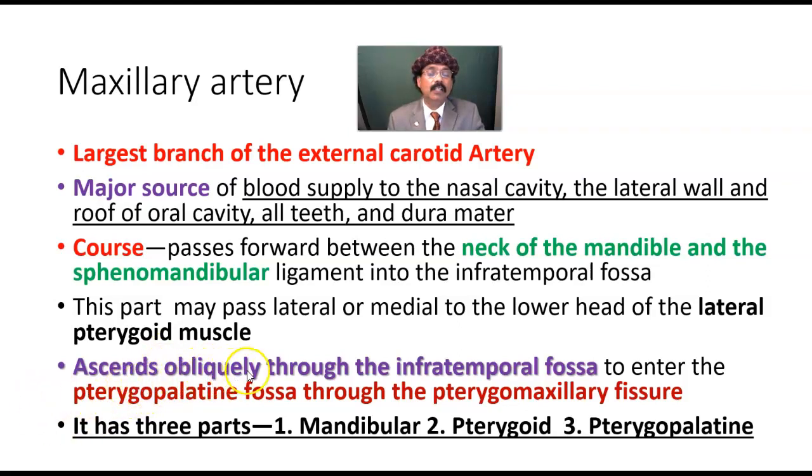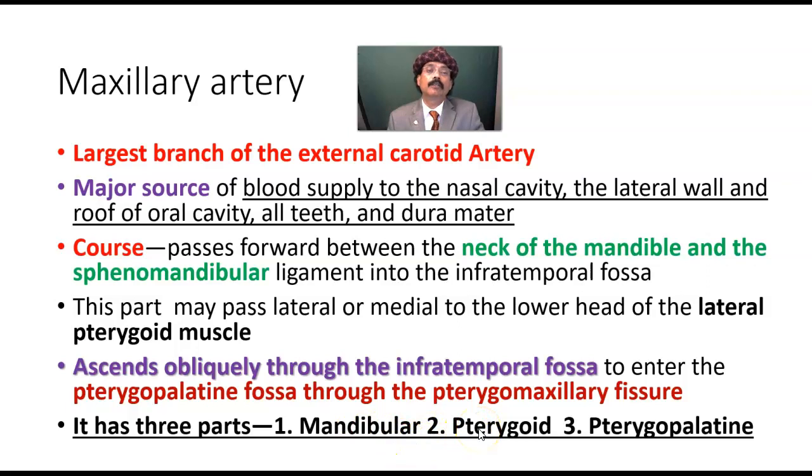The maxillary artery ascends obliquely through the infratemporal fossa to enter the pterygopalatine fossa through the pterygomaxillary fissure.